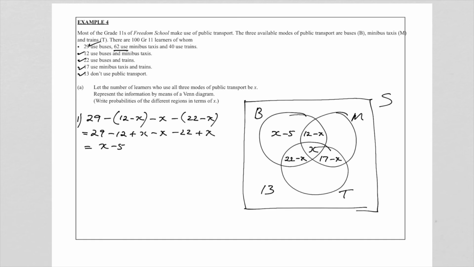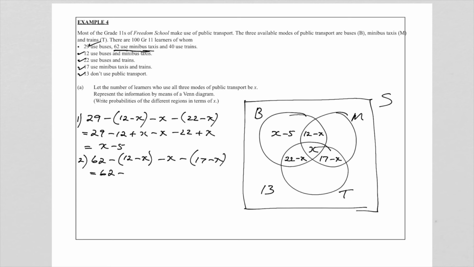So now we are going for the 62 minibus taxis. Now, minibus taxis is this whole thing. So we're going to repeat this. We're going to take that 62, subtract this x, and subtract the 17 minus x. So let's write that down. So the second one is 62, and I subtract 12 minus x. I subtract the x, and I subtract the 17 minus x.